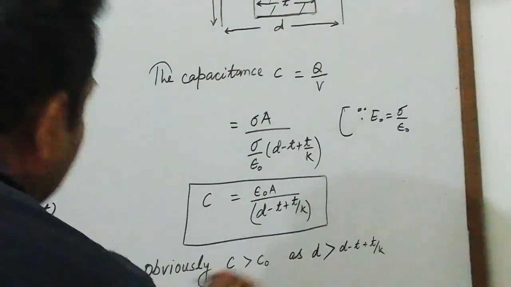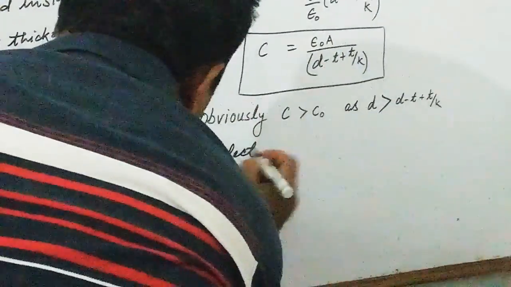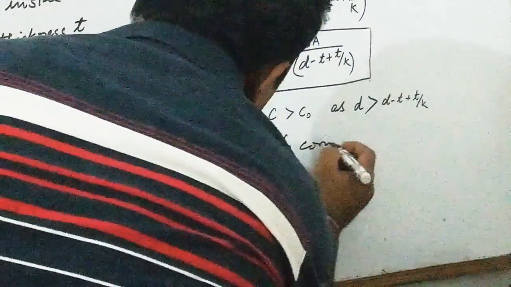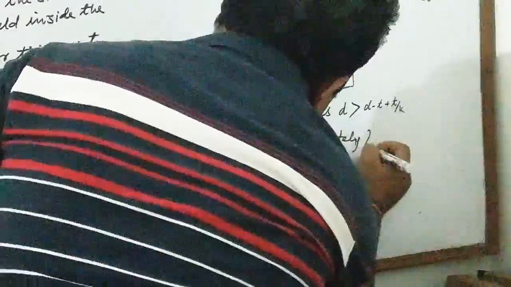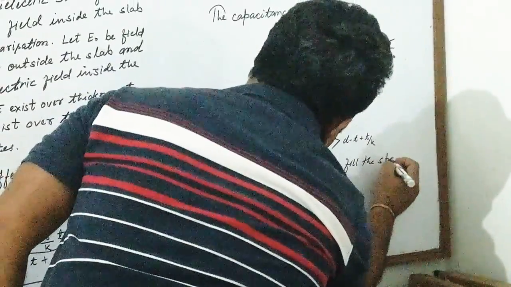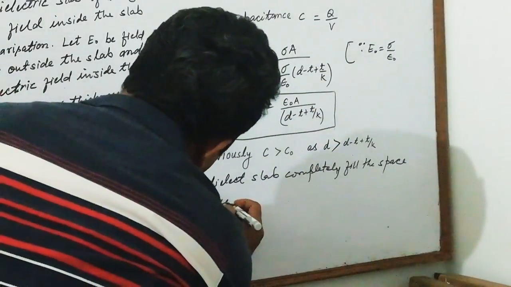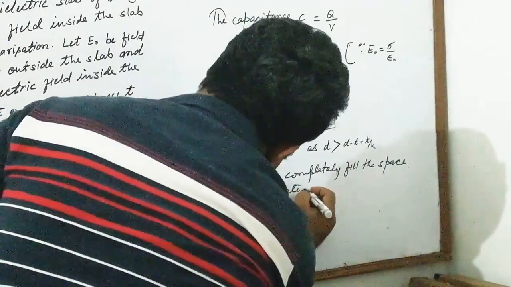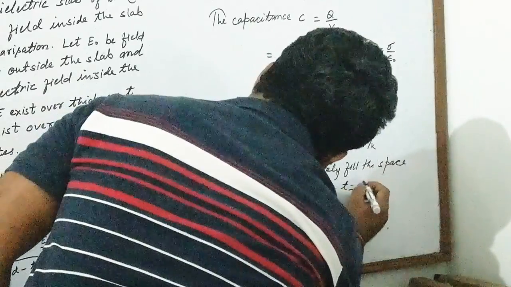Now suppose the dielectric slab completely fills the space between the plates, then t will be equal to d.